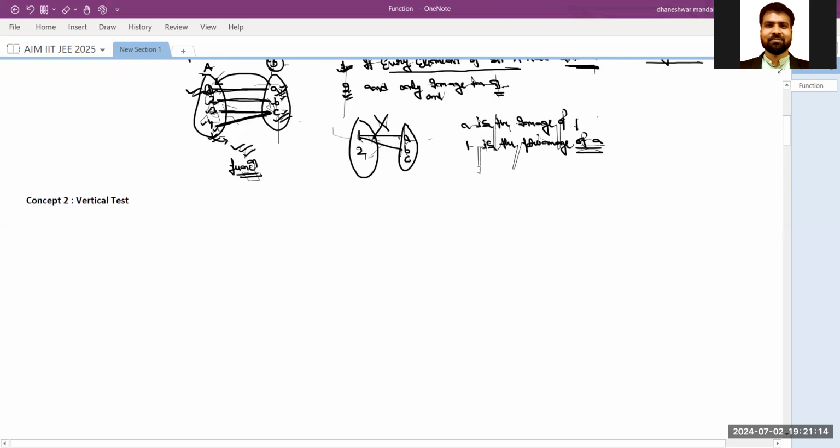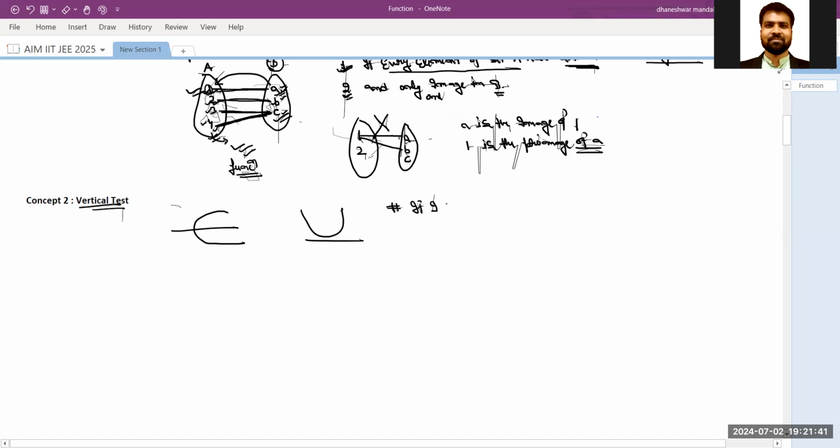Okay. So here we have the vertical line test. See, if we have a graph of a function in this way, I want to check whether this graph is a function or not. Okay. So one test is there, which is the vertical line test. And what is the definition of this vertical line test?